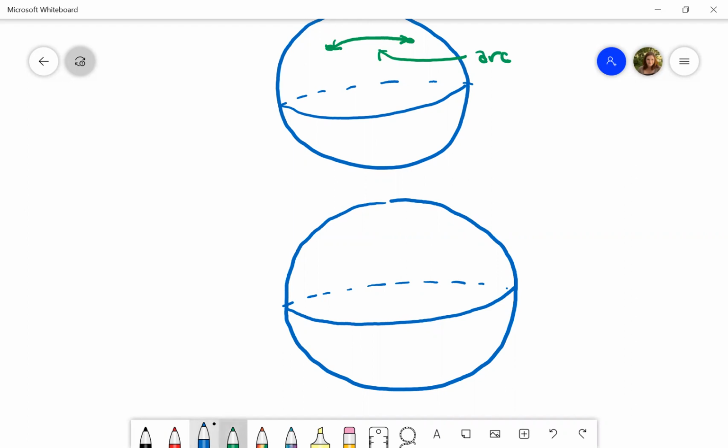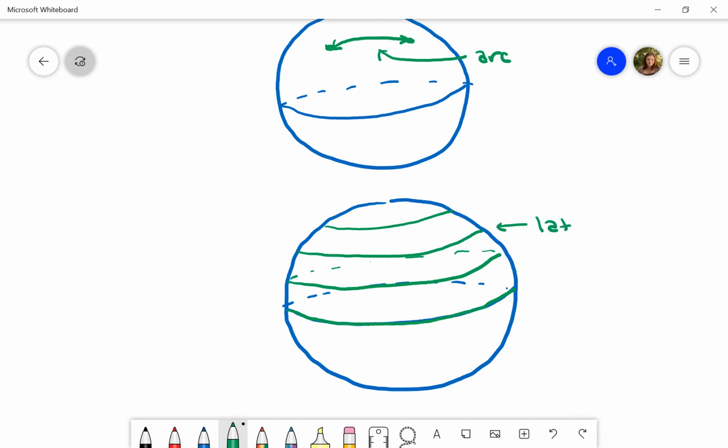So all of the lines that kind of go this way on the Earth, all the arcs that we create like this, oh, it's so badly drawn, I'm so sorry. These are called latitudes. This one's special, it's the equator. And the equator represents 0 degrees latitude.